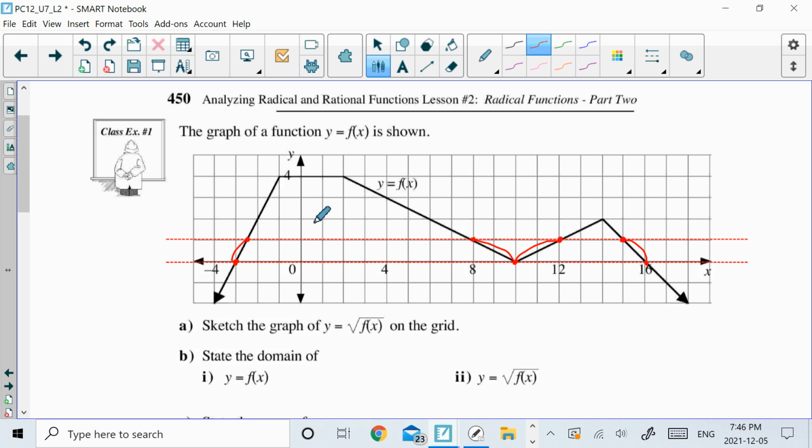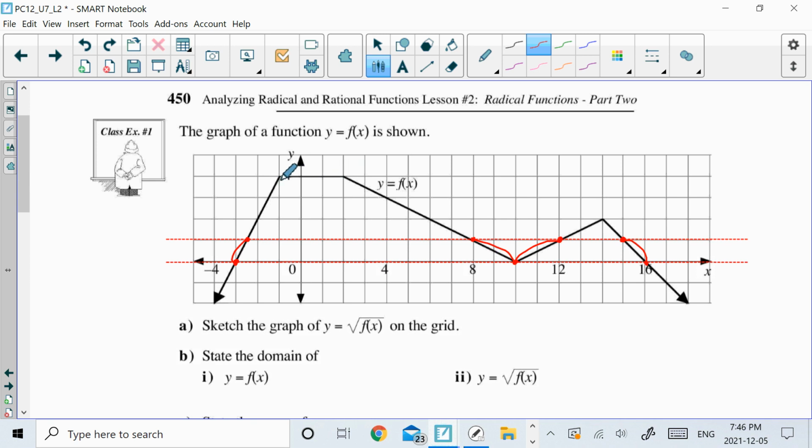Here I'm outside of the red zone, so all of my points are going to be below the original. So what you want to do to get the points on your radical graph is you want to take square roots of nice numbers. So for example, this is 4, and I know that the square root of 4 is 2.